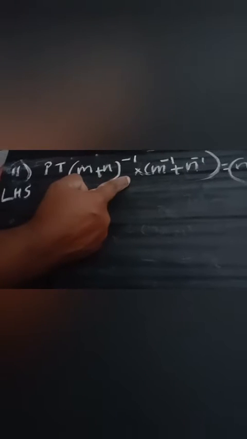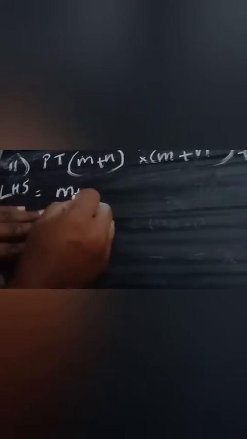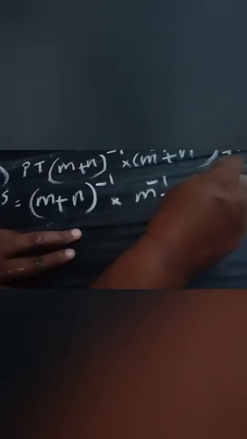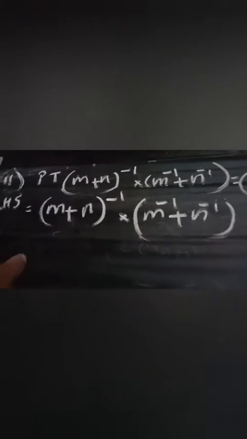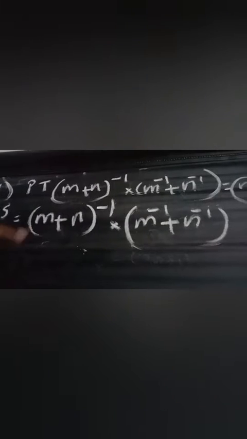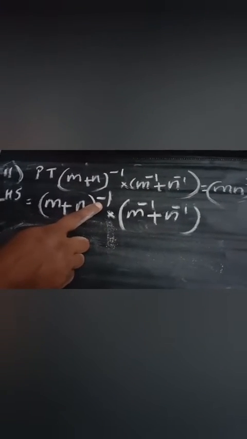The left hand side is (m plus n) the whole raised to minus 1 into (m raised to minus 1 plus n raised to minus 1). Here the power minus 1 is a negative power.